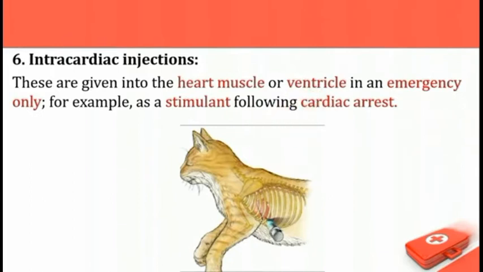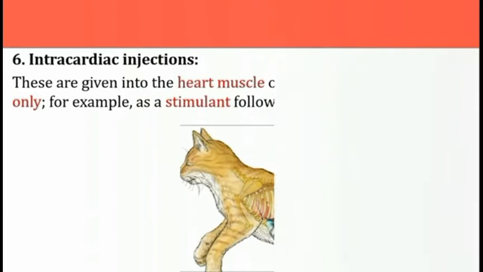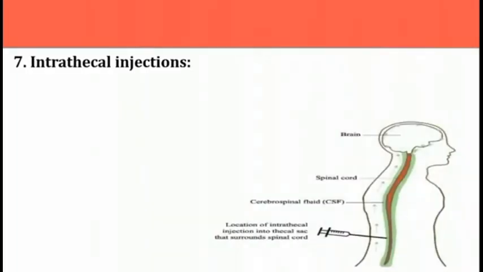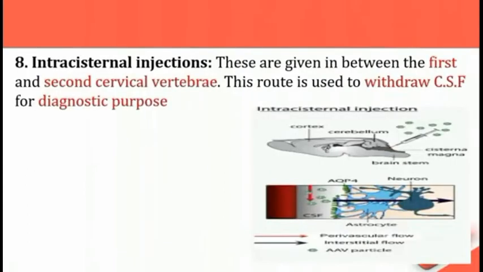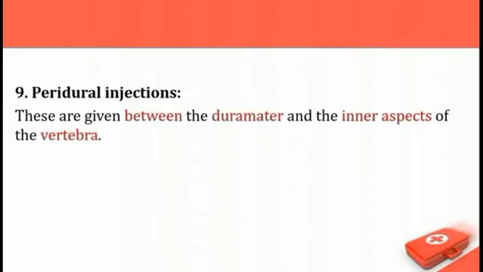Okay, so next one is intradermal, intracutaneous. In the intradermal and intracutaneous route, the injection is injected into the dermis, that means the skin, and the volume is 0.1 to 0.2 ml. This route is used for diagnostic purposes or drug sensitivity testing.